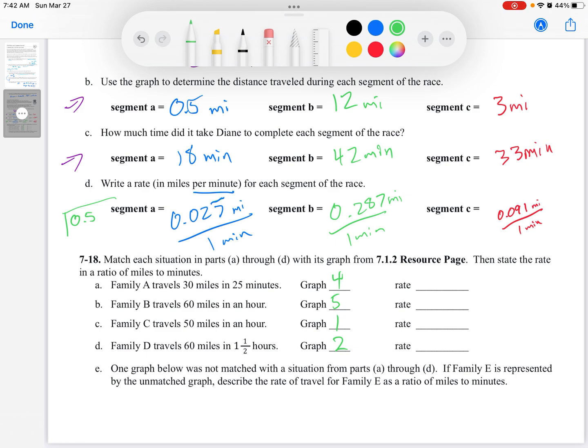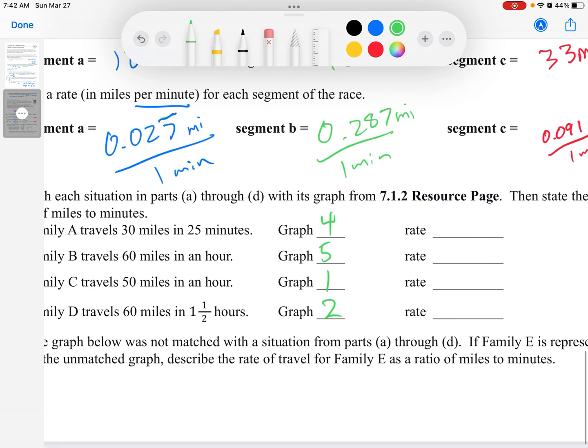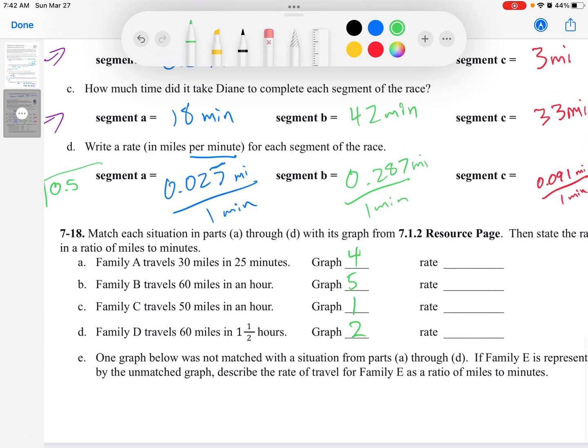Okay, what's the rate? We do want to keep them all the same, so we could write the ratio of miles to minutes.